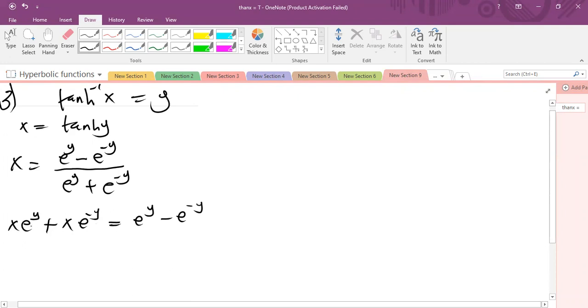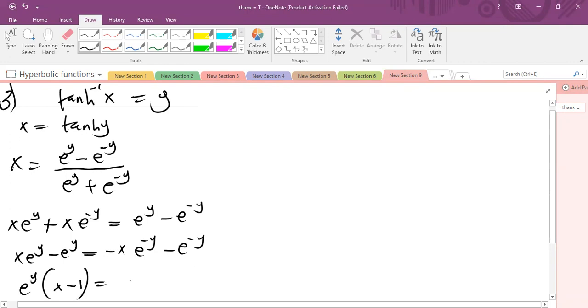Putting this and this together, or let's see. So I have x exponential y minus exponential y is equal to, so bringing this to the other side of the equation, I'll have minus x exponential minus y minus exponential minus y. Okay, so factoring out exponential y, here I will have x minus 1.